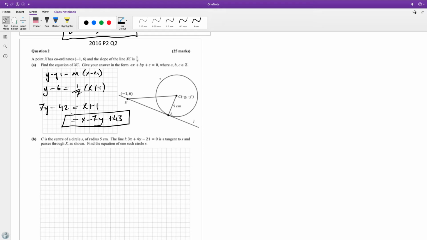Absolute value of ax1 plus by1 plus c, all over square root of a squared plus b squared. Right. What is our a, b, c, and what is our x and y?